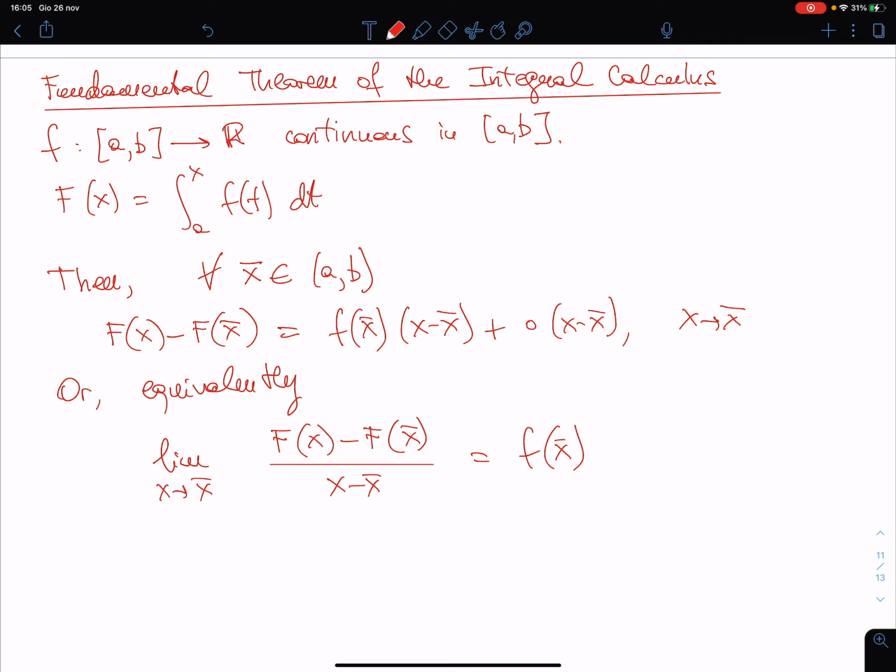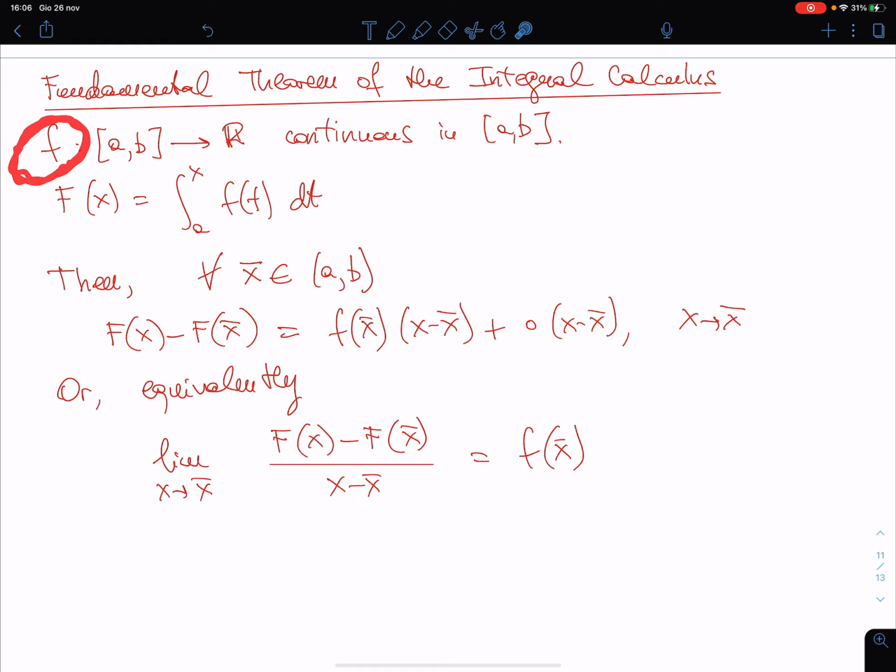Okay, let us stop one minute before proceeding with the proof, because I think now it is quite difficult to understand the importance, the relevance of this formula, so I want to stress it. Remember that in our problem, computing the area under the graph of f is the datum of our problem.